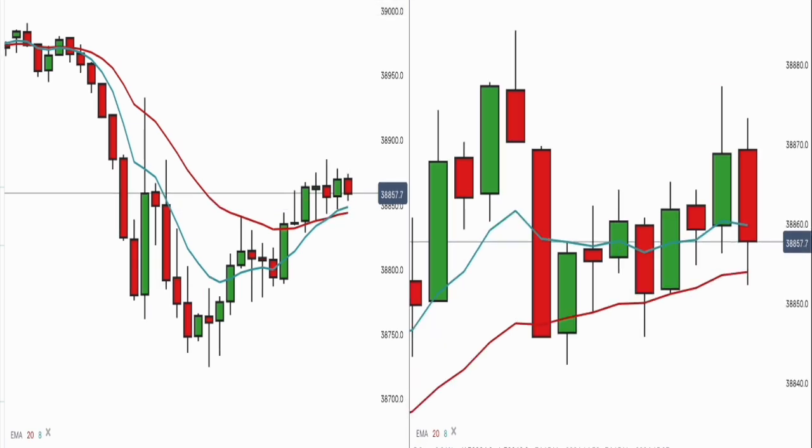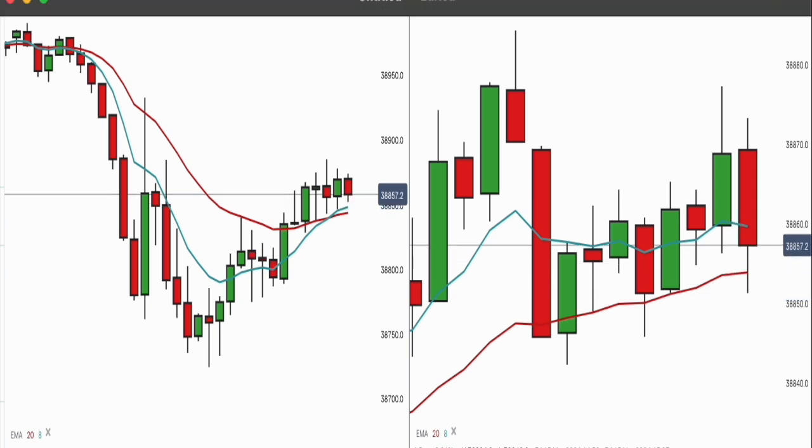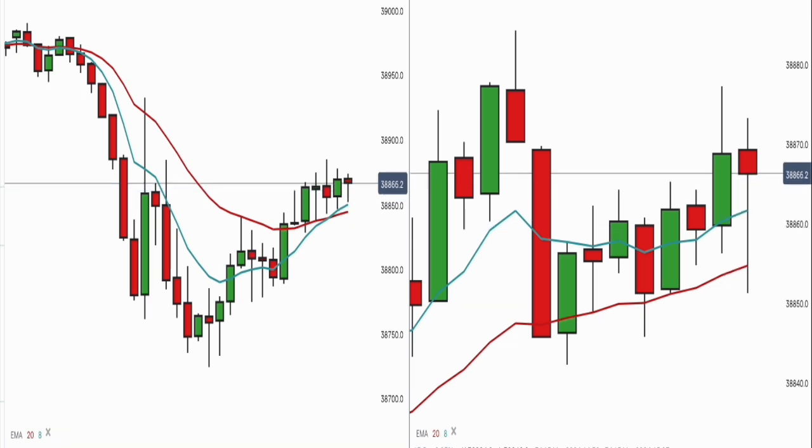Okay, see where this one finishes then. So if it finishes down there and at least below the 8 EMA, maybe a trading opportunity coming up at the close of this candle. And that was a big bite of red that was taken there by the bulls.